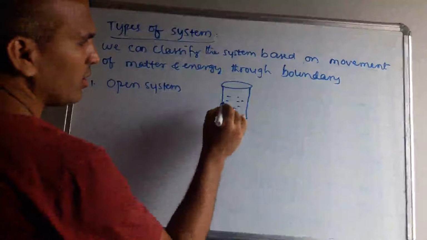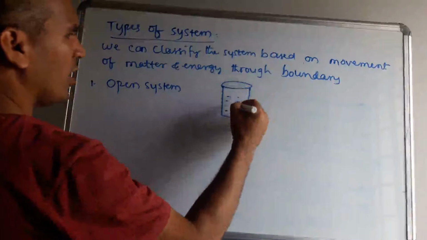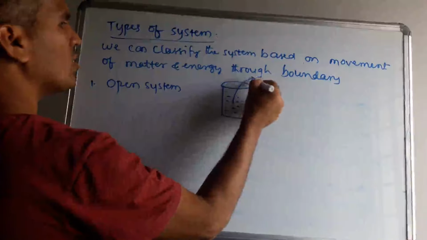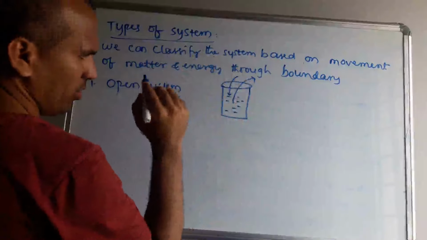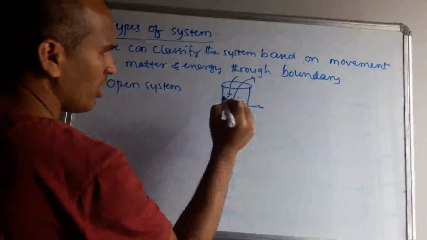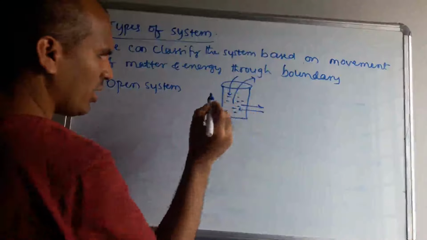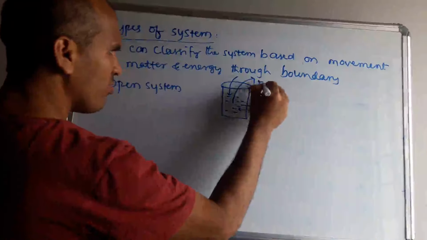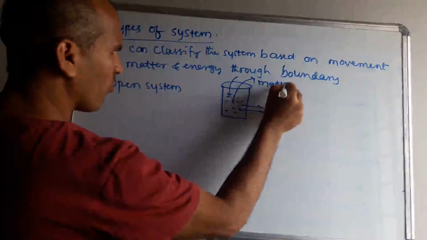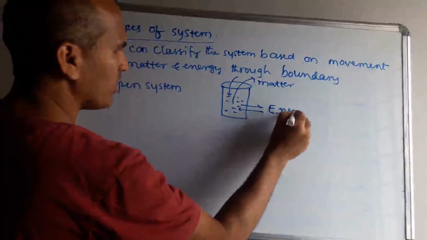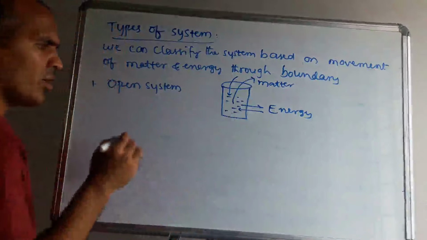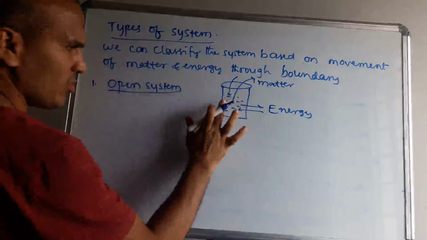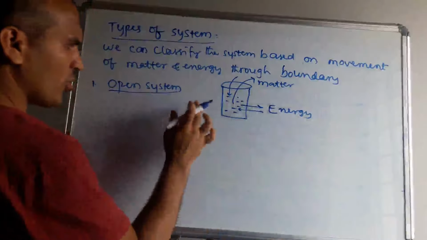Something may go out or something may come in. Energy may be lost or energy may be gained. So this is matter, and this is energy.